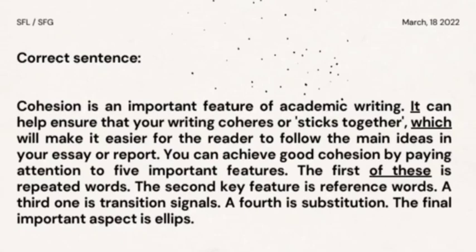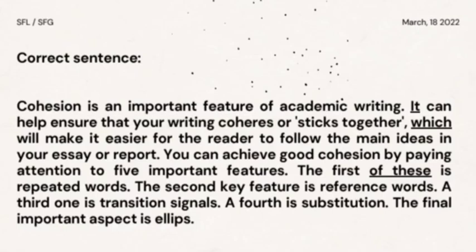Correct sentence. Cohesion is an important feature of academic writing. It can help ensure that your writing coheres or sticks together, which will make it easier for the reader to follow the main ideas in your essay or report.